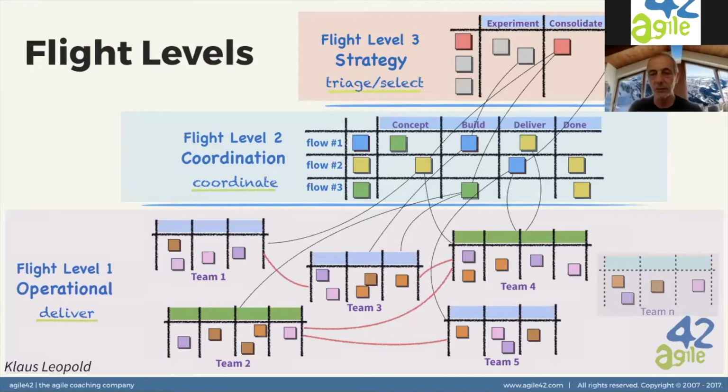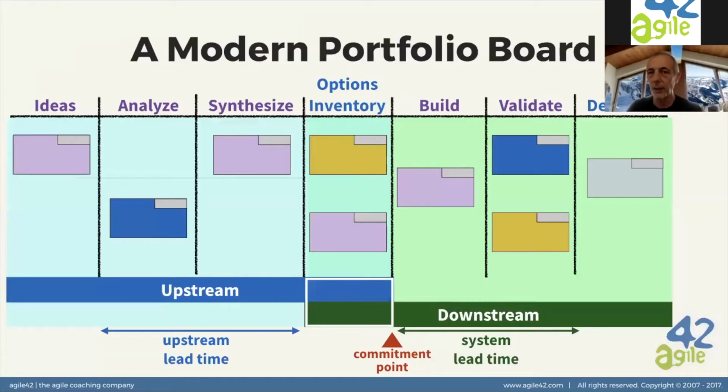So visualization. Here we see a visualization of what's going on, and let's see what a portfolio board could look like. Here is a very simplified one. So here there are two very different regions. You see different colors. Light blue is what we call the upstream portfolio or discovery portfolio.